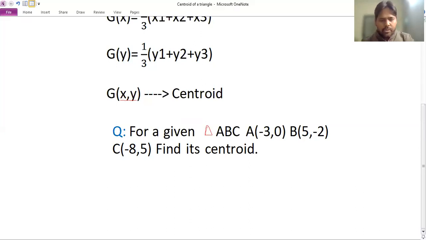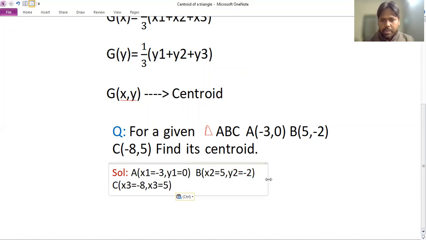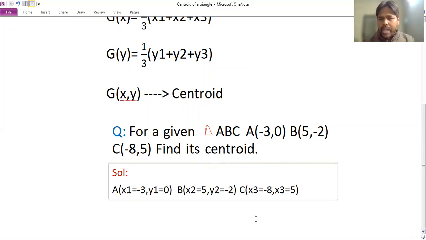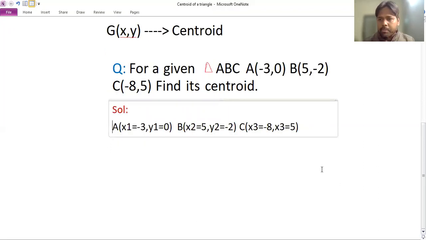First, we have to note it down with the help of this formula, which is written in this way. What we will do is first differentiate each of the given points with respect to x1 y1, x2 y2, and x3 y3, so that the simplification of this problem becomes easy for us.